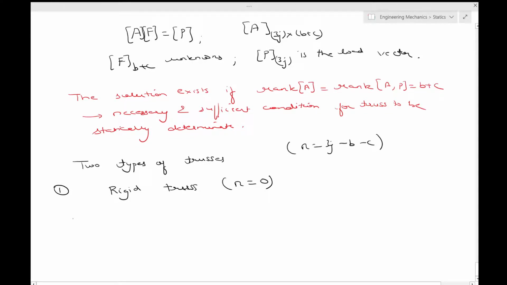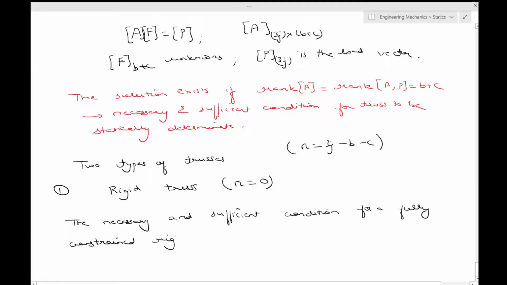So the necessary and sufficient condition for a fully constrained rigid truss is n equal to 0.